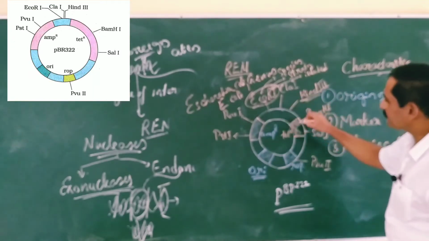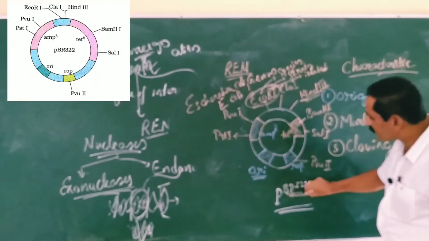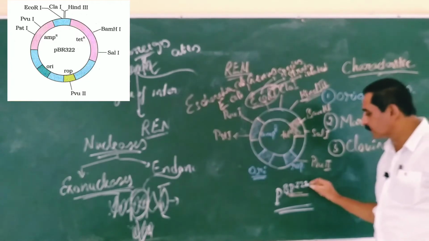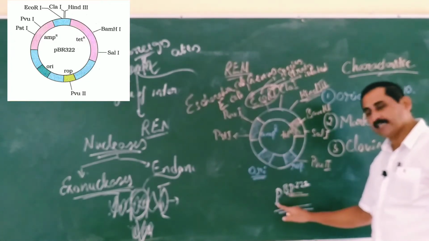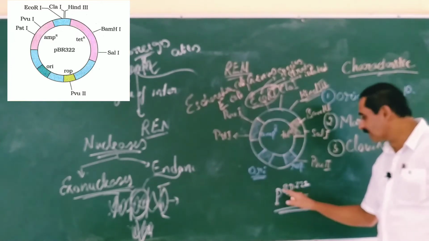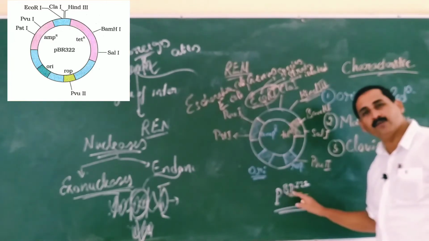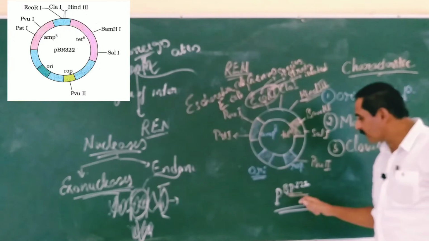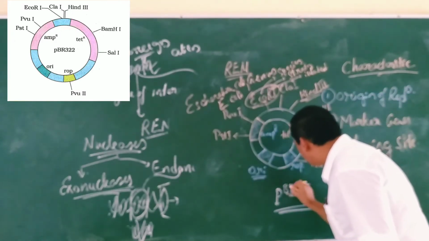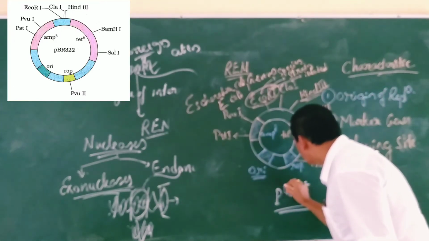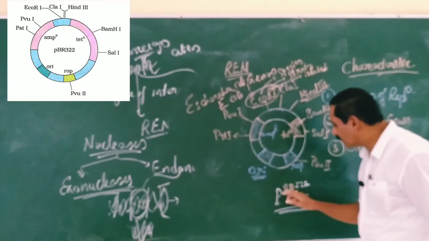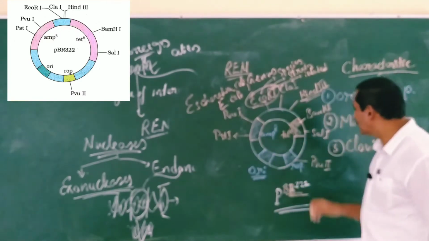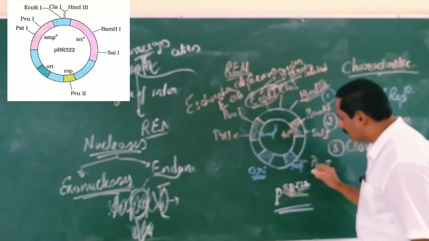This is the salient feature of pBR322. p stands for plasmid vector, that was developed by the scientists Bolivar and Rodriguez. This is the serial number.